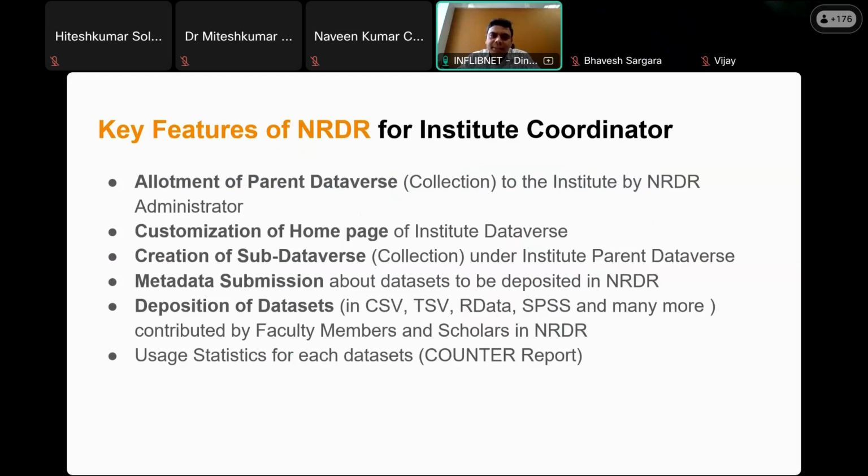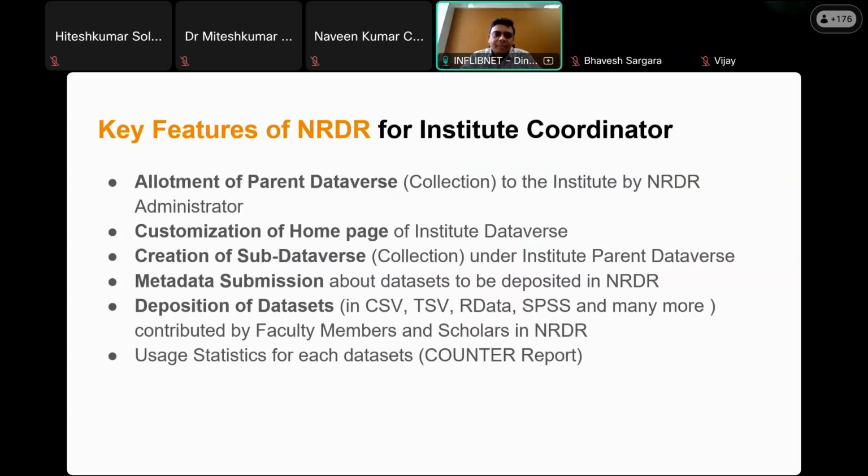And regarding the deposit of data sets, the National Research Data Repository supports different popular file formats, like CSV, TSV, or Excel, or even popular statistical software like RData or SPSS or any other software. Any of these kinds of file formats are supported.